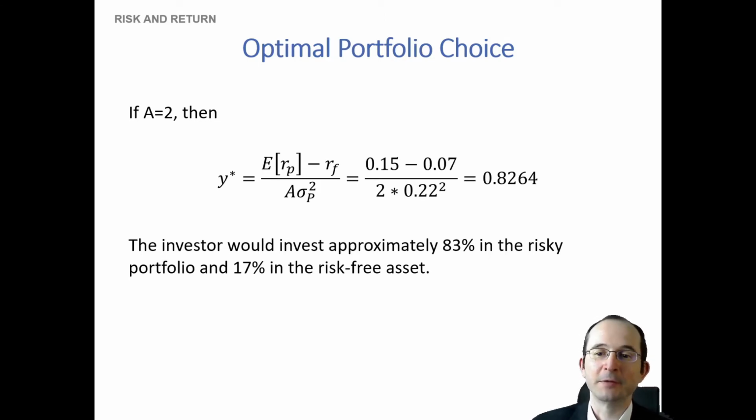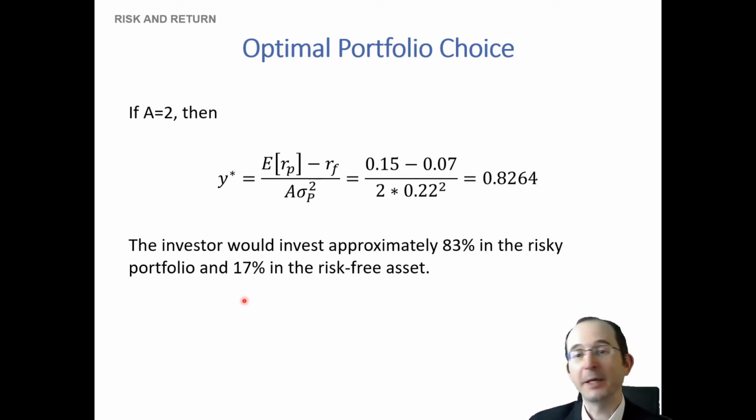So now let's say that we have still the same setup in terms of expected returns and characteristics of the risky and risk-free portfolios. And now let's say that we're going to do this for an investor with coefficient of risk aversion of 2. Well, we just plug that in, and we see that now our optimal allocation to the risky asset is 82.6%. And then, of course, that means that the remainder of about 17.4% is going to go into the risk-free asset.